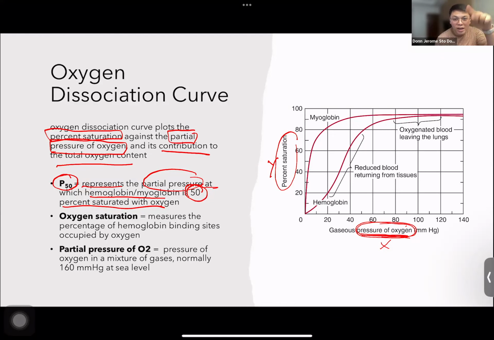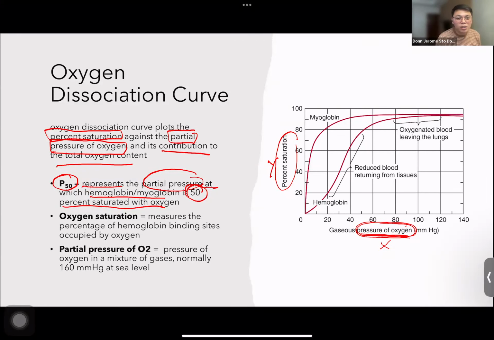Di ba? Doon sa Vmax 1/2, kung ano yung substrate concentration doon, yun yung KM. So ang characteristic ng KM can also be applied to P50. That is an inverse relationship with the affinity of substrate or oxygen to enzyme or hemoglobin and myoglobin respectively.